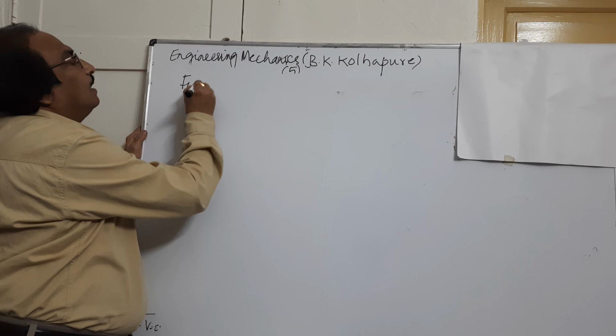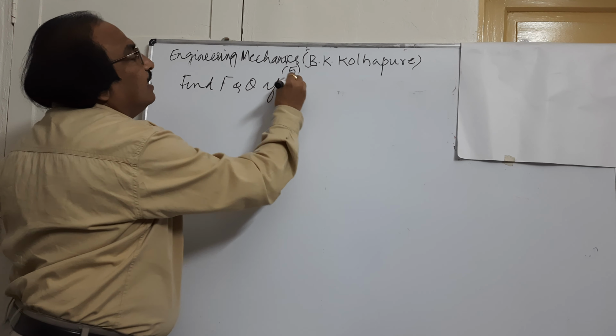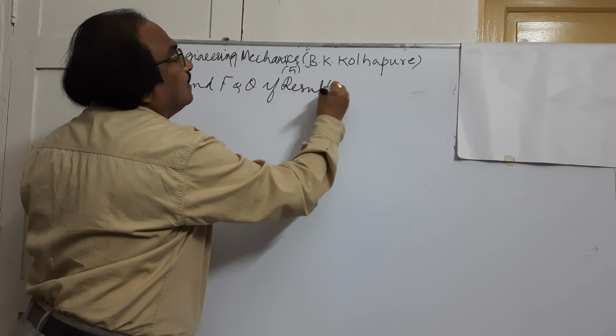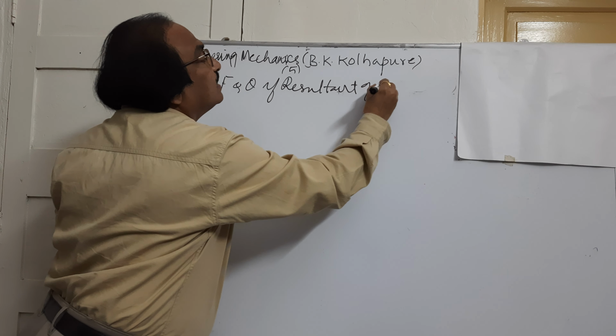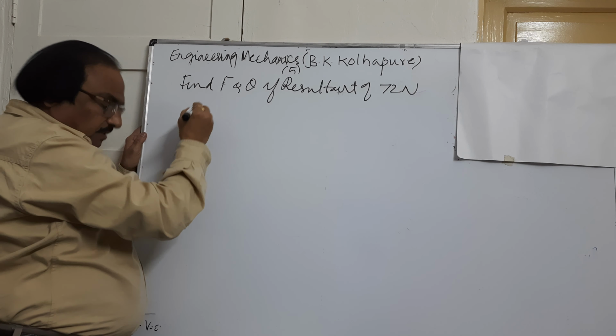Find F and theta if a resultant of 72 Newton acts in vertical direction.